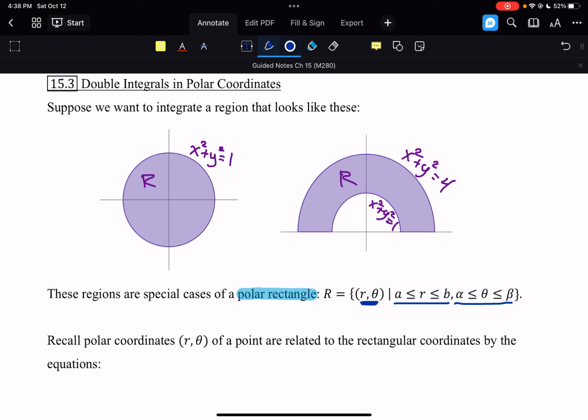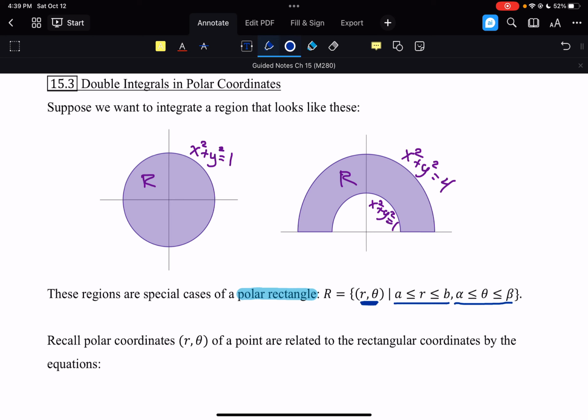Both of them go between constant bounds. So these are all numerical values, which in rectangular coordinates would represent a rectangle, right? If we had x going from a to b and y going from c to d, something like that. So because we're going between constant bounds, it's behaving like a rectangle in that sense. So we call these polar rectangles.